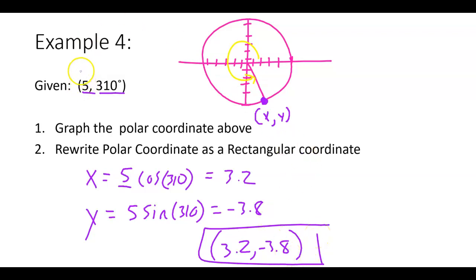So if this is my polar coordinate, we can transform it into rectangular coordinates by doing this. Now, why did I have us graph it? Just so we could see that our answer makes sense. If I went over 3.2 and down 3.8, I'm a little bit off on my picture, but we are in the right area here. It's hard to draw a picture exactly right, but there it is.